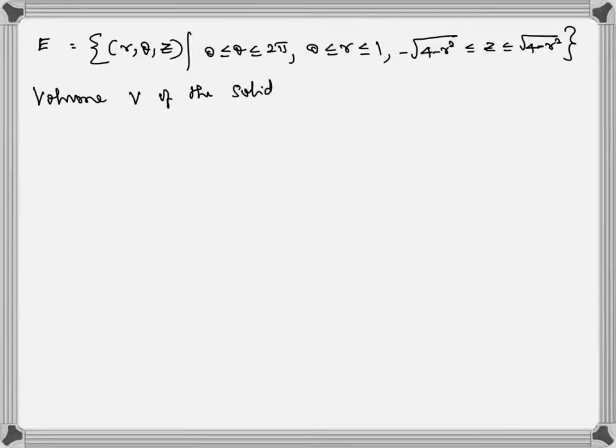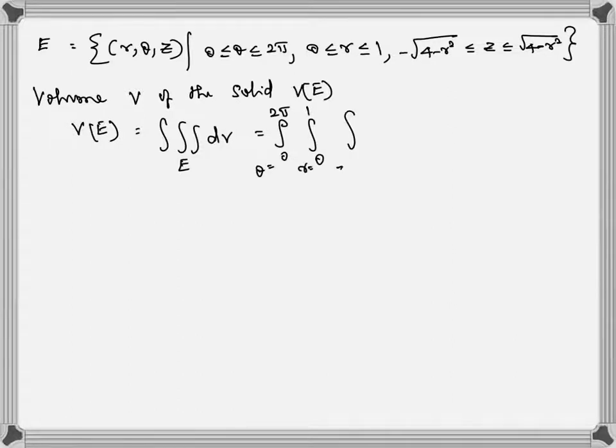The volume V of the solid, denoted by V of E, becomes a triple integral of dV. The first integral is for theta, which is 0 to 2 pi. Second is for r, which is 0 to 1. The third integral is for z, which is negative square root of 4 minus r squared to positive square root of 4 minus r squared. Here dV becomes r dz dr d theta.